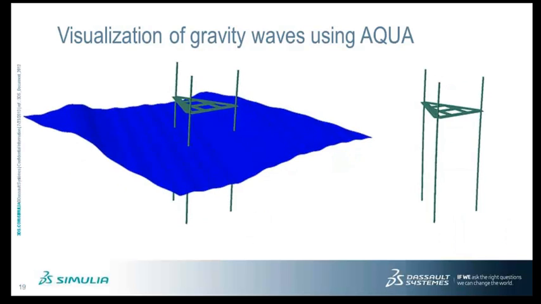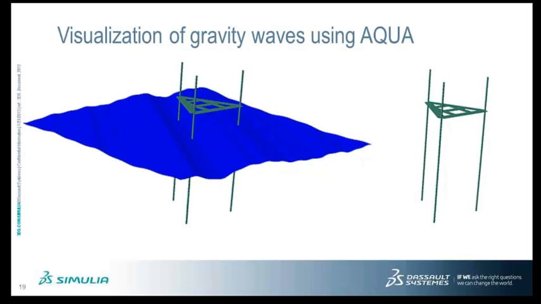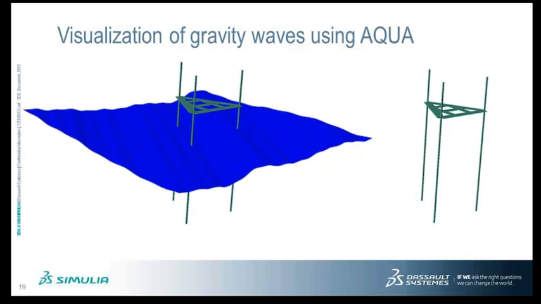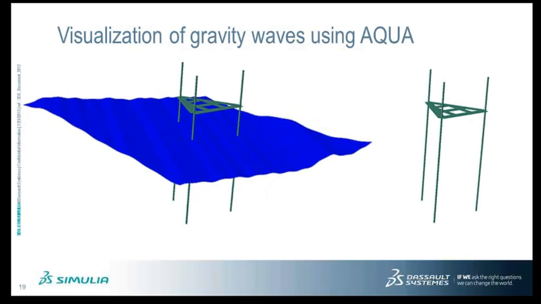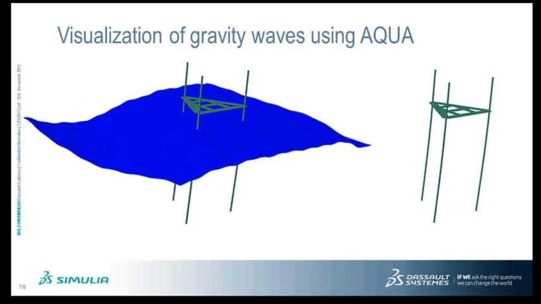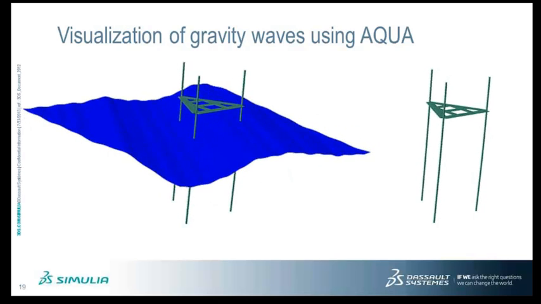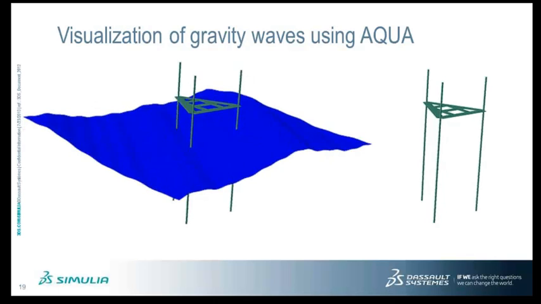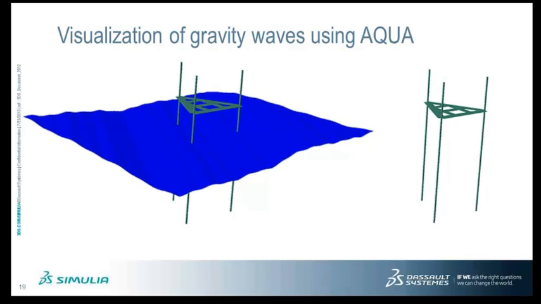So we can move on to the next slide, which is actually an animation of one of these waves. You can see there on the left, you can define a set of visualization surface elements, which you identify in the input file as being visualization elements, and then Abaqus automatically computes the elevation that those surface elements would have based on your wave definition. So this does a number of things.